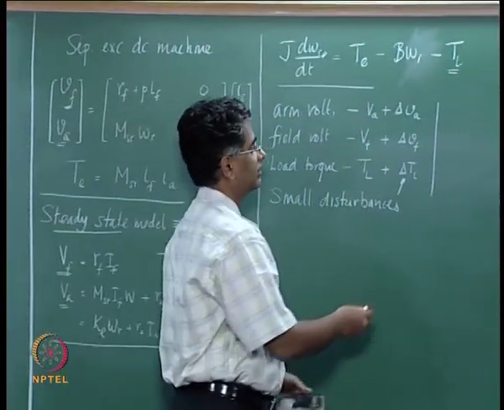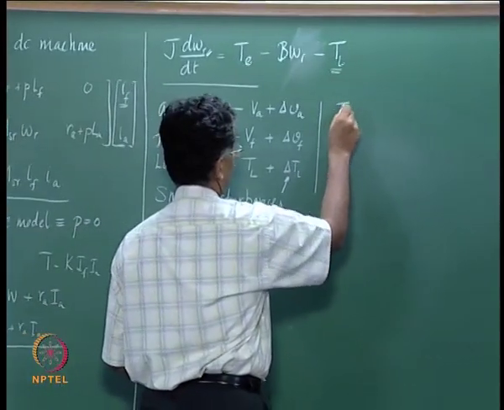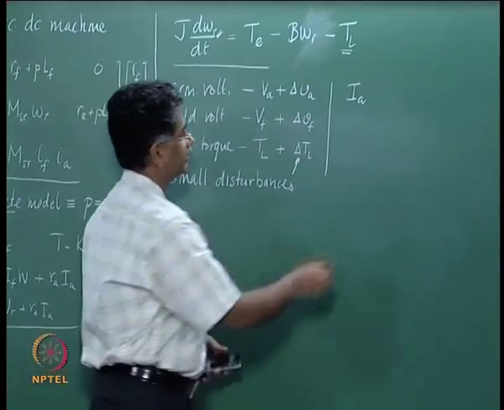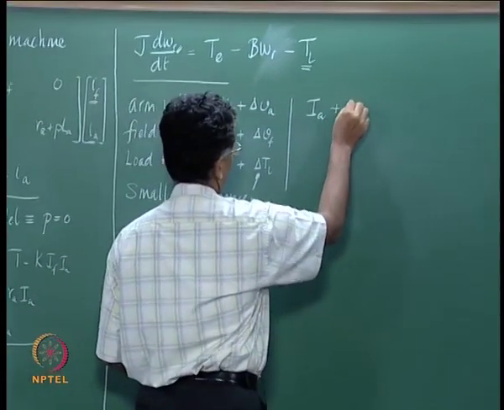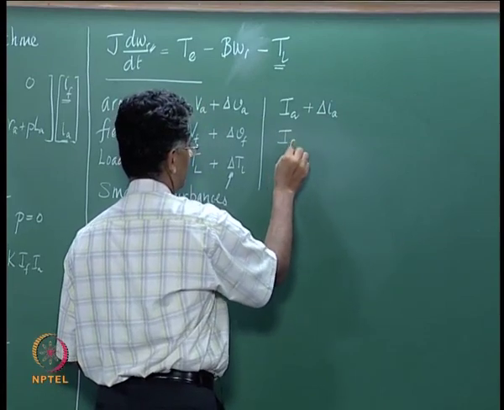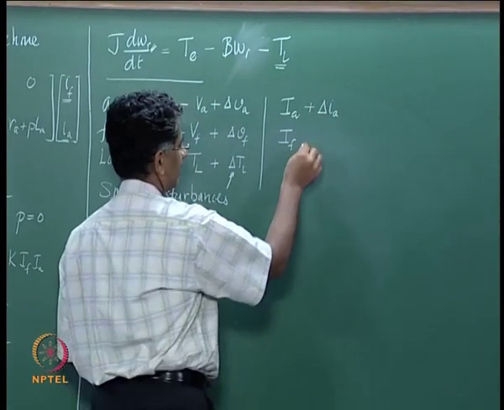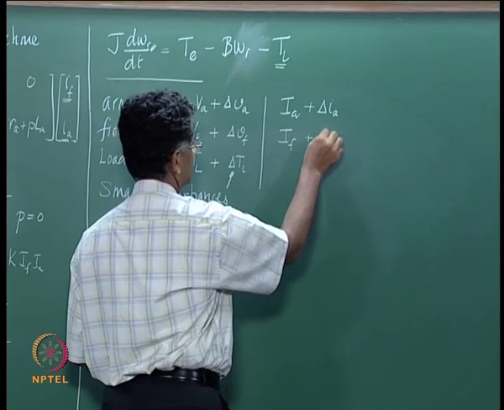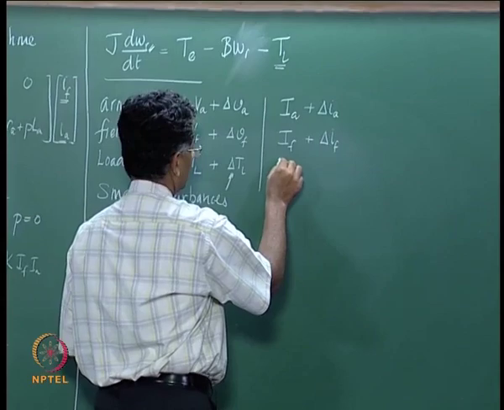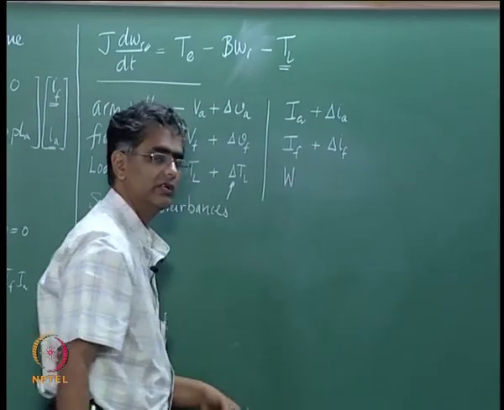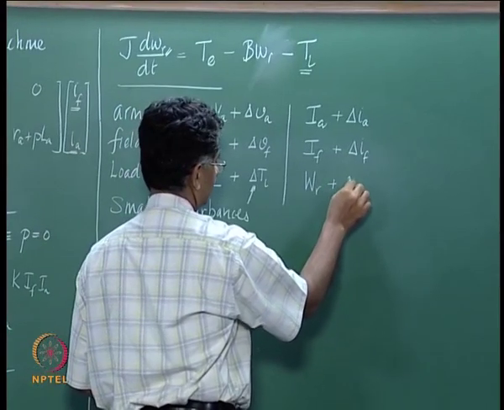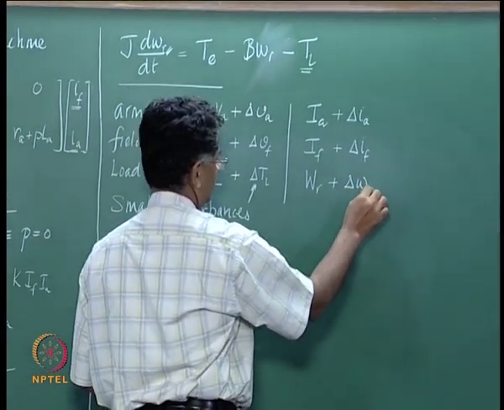There was an armature current flowing in steady state, and in response to the disturbance you now have a change in the armature current. Similarly, there was a field current flowing and in response to the input disturbances there is a change in the field current. There was a machine speed omega r and in response to the disturbances there is a change in omega r.